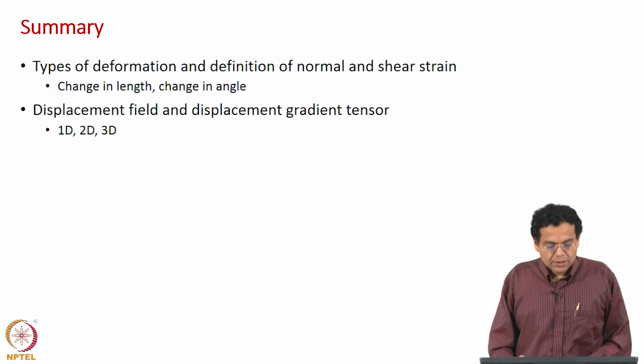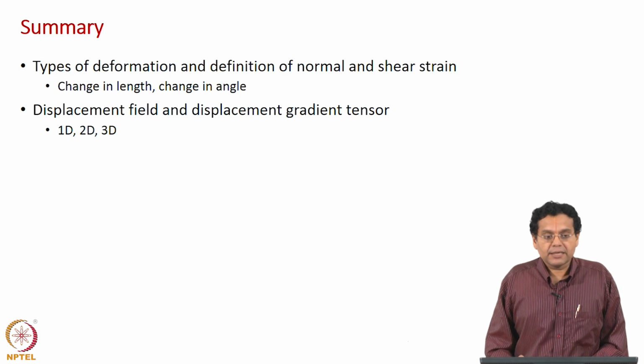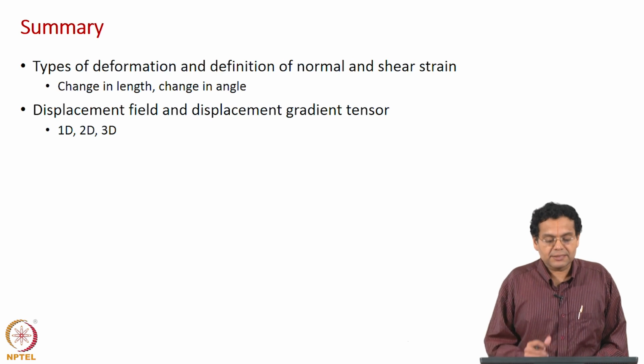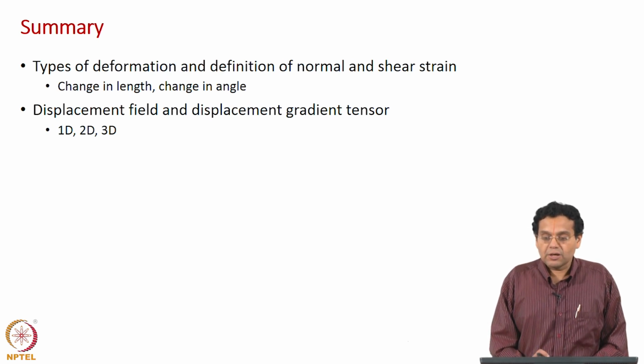So, to summarize, we started with defining types of deformation. It could be change in length or change in angle, or both, and we quantified it by definition. We expressed change in length and change in angle in terms of normal and shear strain.